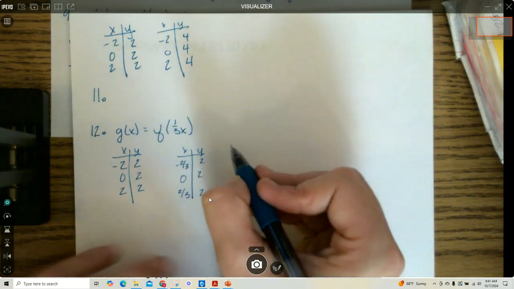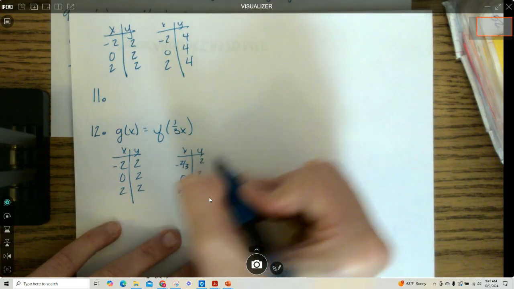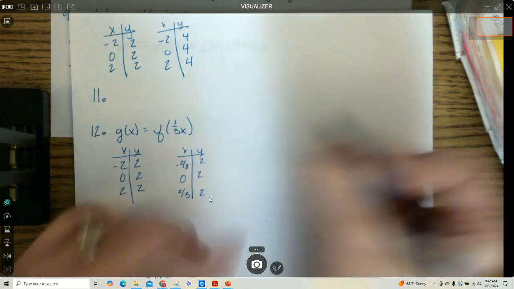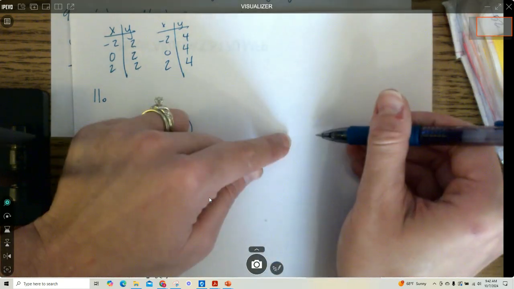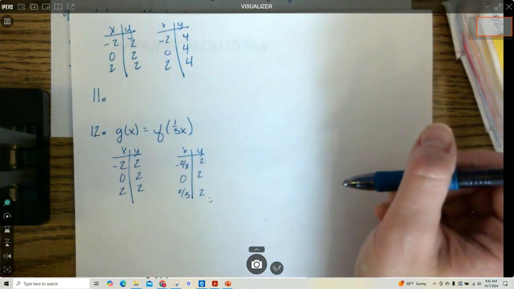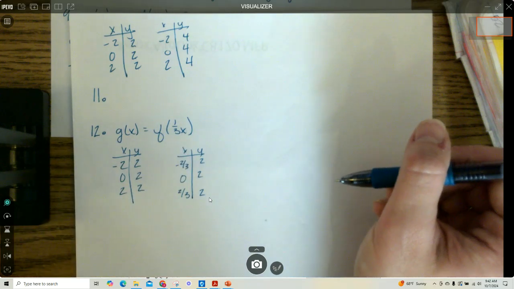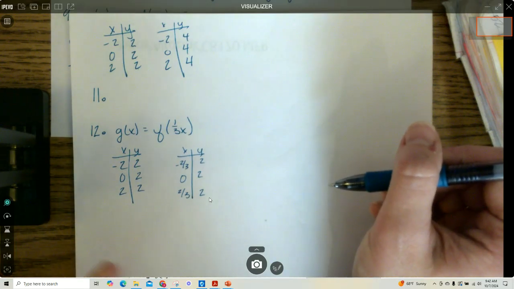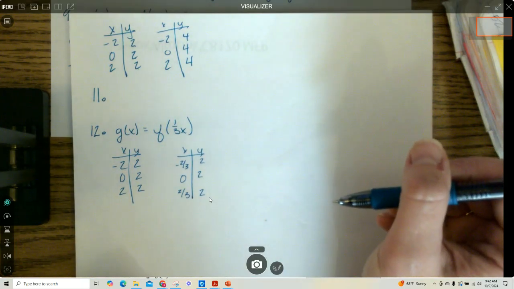So your x values squish in this way. Anybody got a different number on that one? Same x points, just different y. Yeah, so you're not messing with the y's on this one, just the x's.